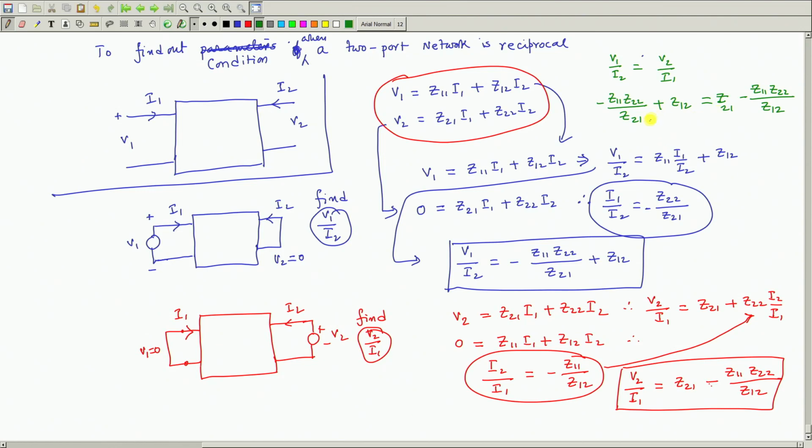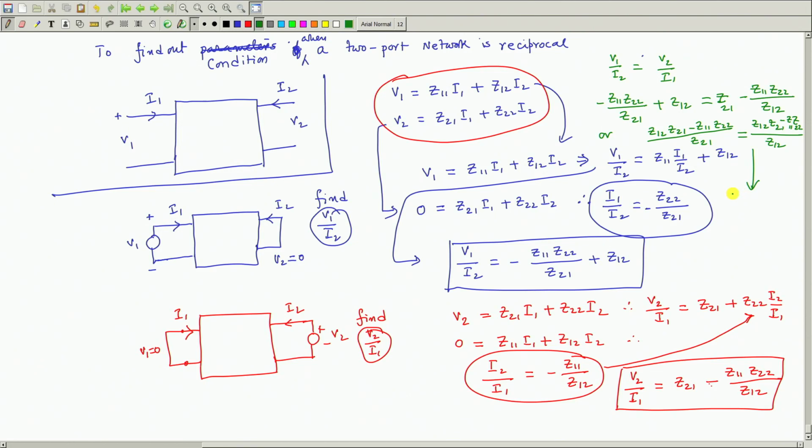Or you can just multiply this, because the numerator is Z 1 2 Z 2 1 minus Z 1 1 Z 2 2 divided by Z 1 2, and on this side it is also Z 1 2 Z 2 1 minus Z 1 1 Z 2 2 by Z 1 2. These two numerators are the same, so this is true.